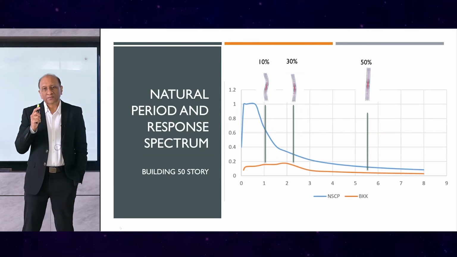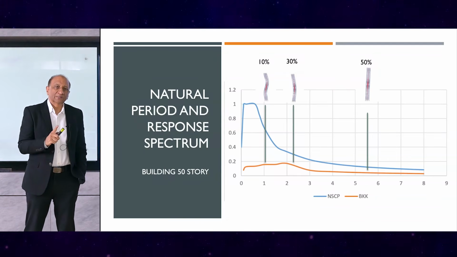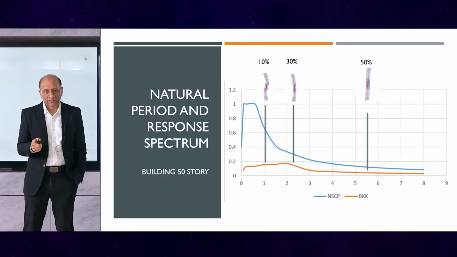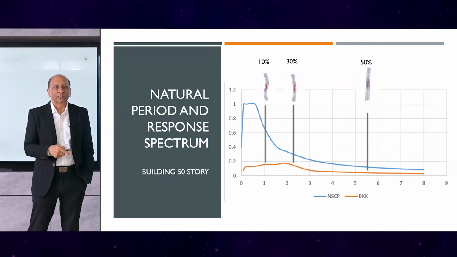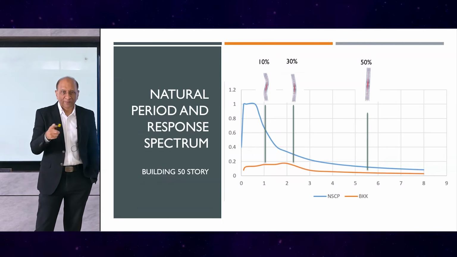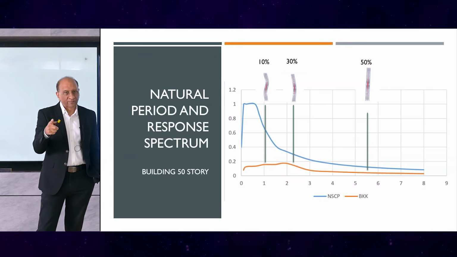Also, the response spectrum and the modal response, or the natural period, have a very close relationship. So this is showing two different response spectrums here. One is from the Philippines, one is from Bangkok, and you can see that their response spectrums are very different. The Bangkok one peaks at 2 seconds.